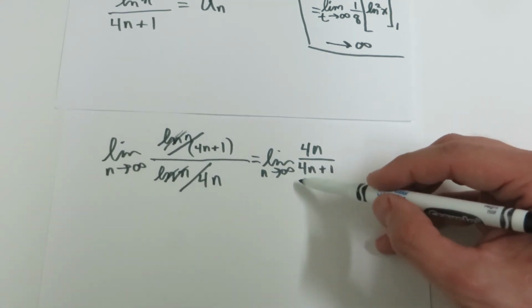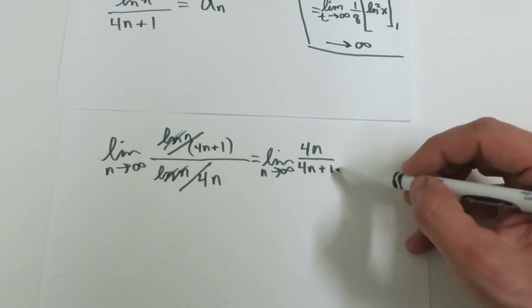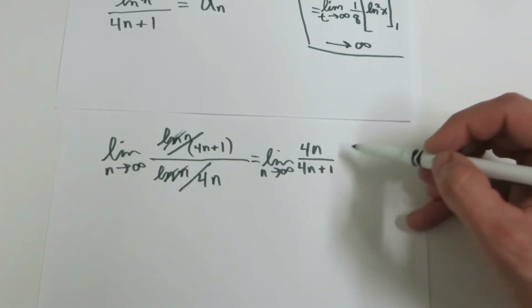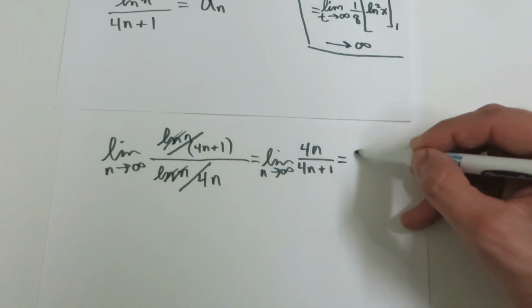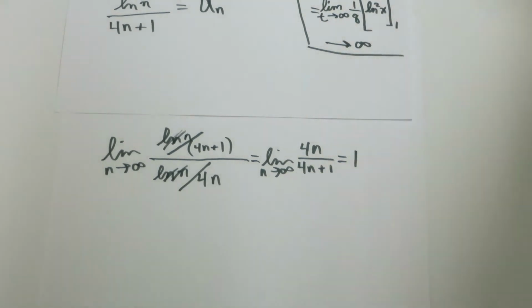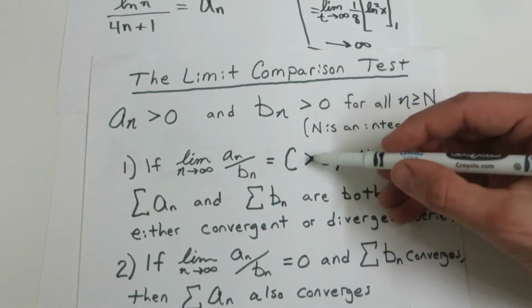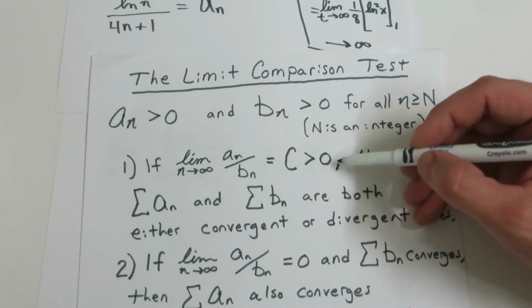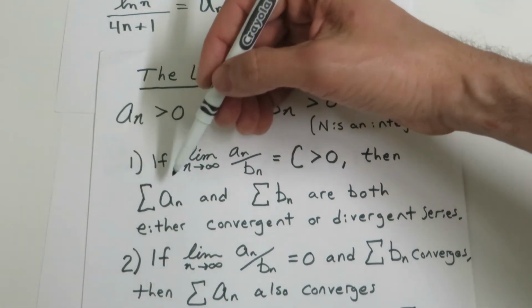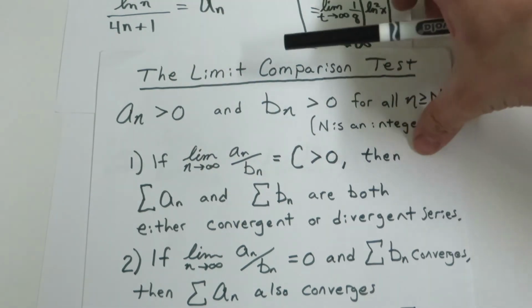And as n approaches infinity, this plus 1 is going to become increasingly insignificant, and this is just going to go to 4n over 4n, so this is just going to equal 1. And just like we said in our definition, if it goes to some constant, and 1 is a constant, doesn't matter what it is, then both the series are going to converge or they're both going to diverge.